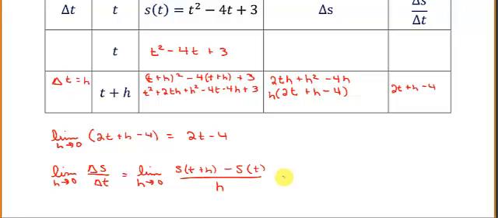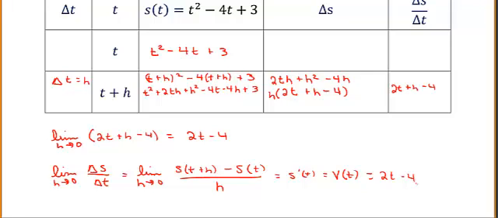And notice this is precisely s prime of t. We're just doing exactly what we did to take the derivative. So this s prime of t we call the velocity function. And in this case, it's 2t minus 4. So that's what the velocity function is.